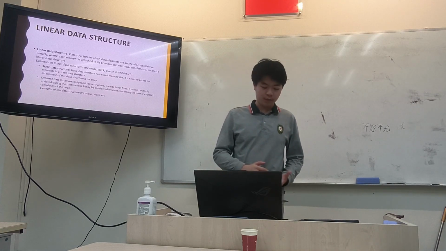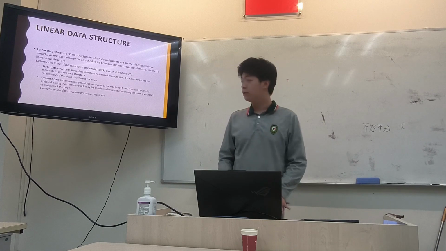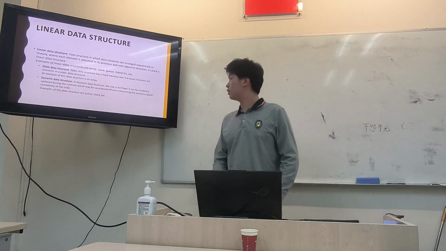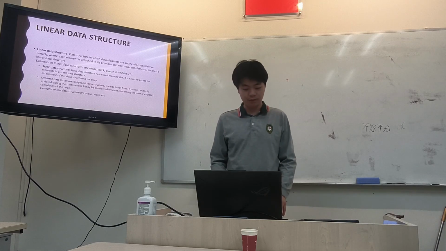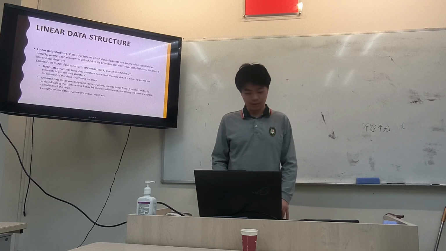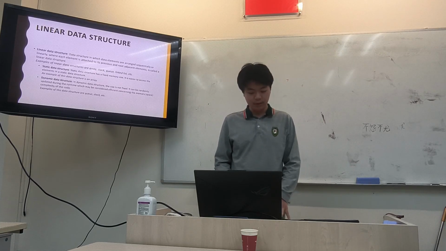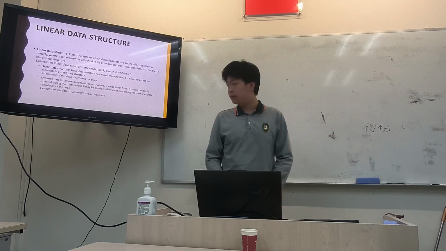Another type of linear data structure is the dynamic data structure. In a dynamic data structure, the size is not fixed. It can be randomly updated during the runtime, which may be considered efficient concerning the memory complexity of the code. Examples of this data structure are queue and stack.